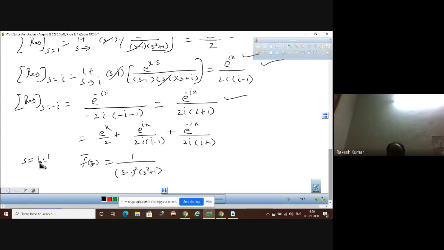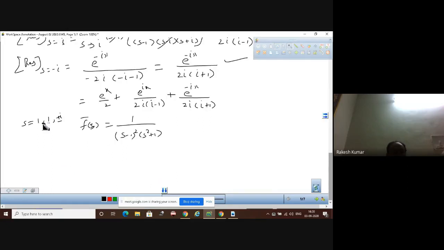And clearly the poles will be 1 and 1 and plus or minus iota. So there are 4 poles or 4 roots of the denominator. Now 1 and 1 are multiple poles, and multiple poles are repeated. So how to find the residue in that case? The method is a little different.